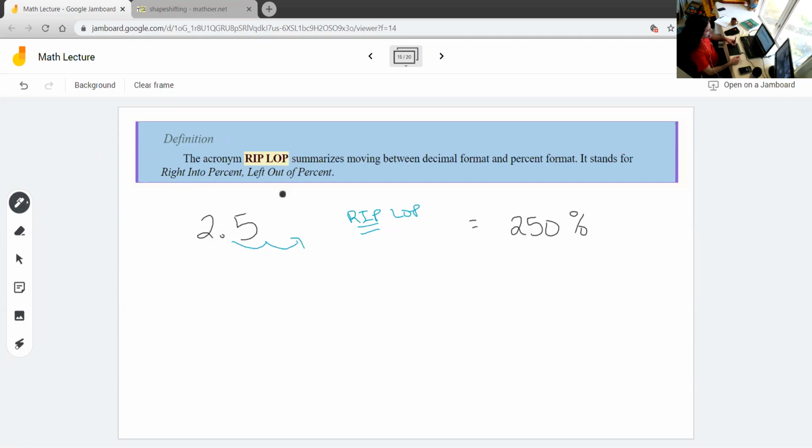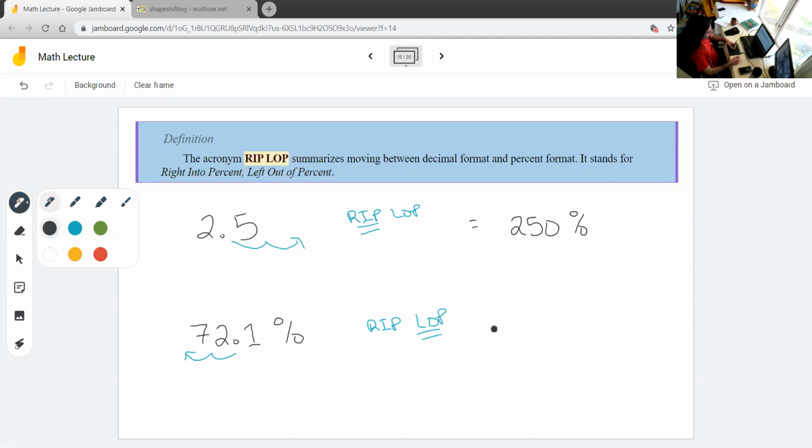And then left out of percent. So if I have a percent, then I go left, what we did first, to get out of percent. So we can go back and forth into and out of percent format with right into percent, left out of percent.